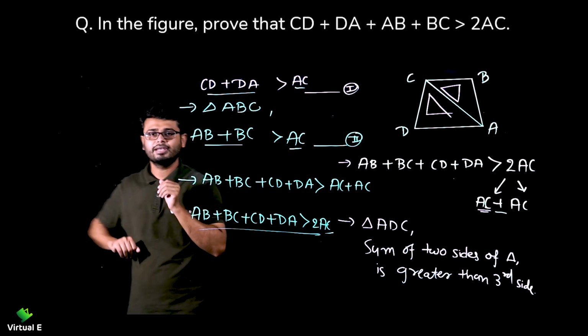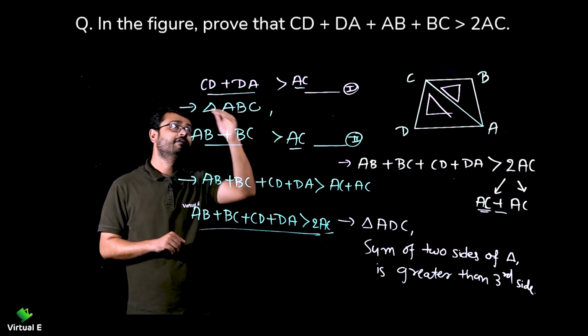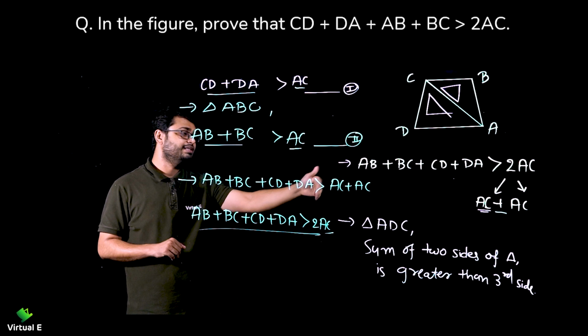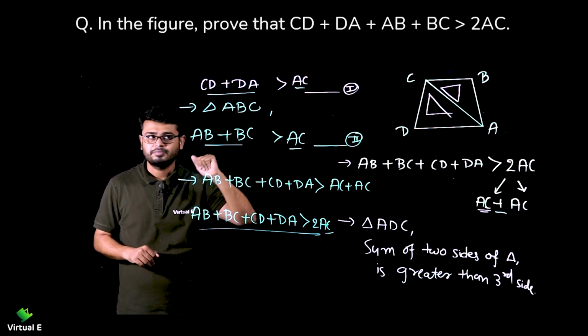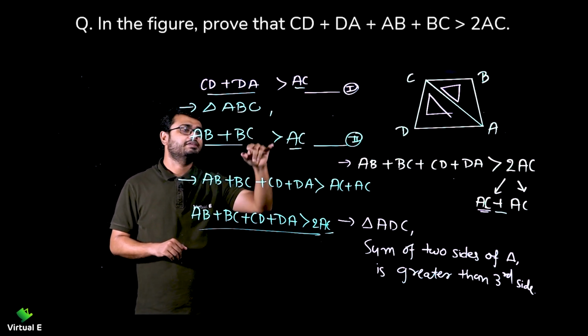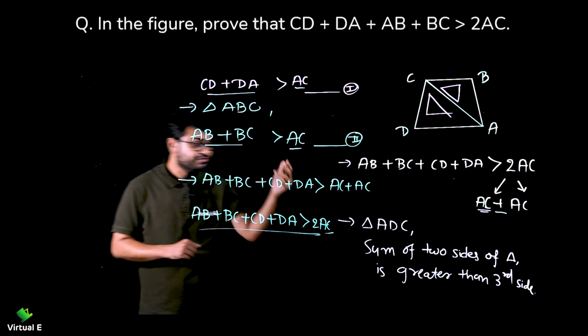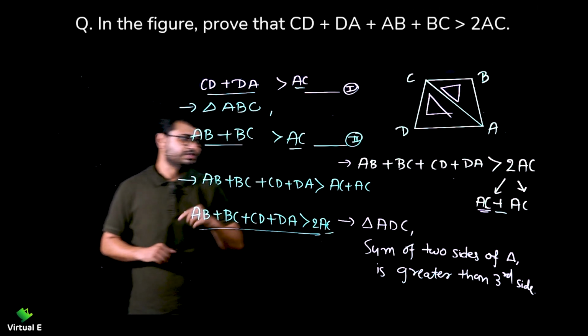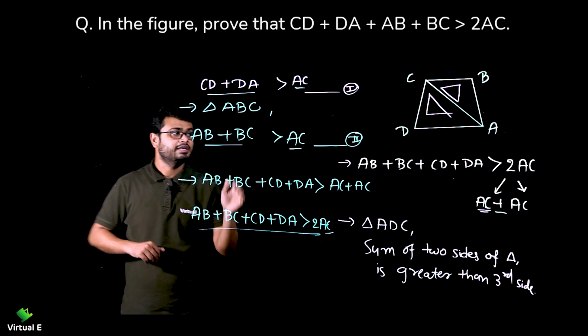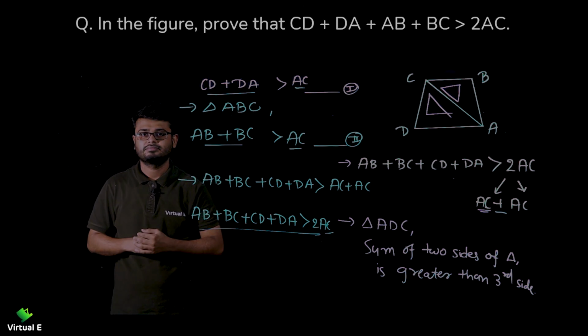So apply the inequality theorem for both triangles, ADC and then ABC. We get the results and add those two results as we want 2 times AC. So this is how we prove the result given in the figure.